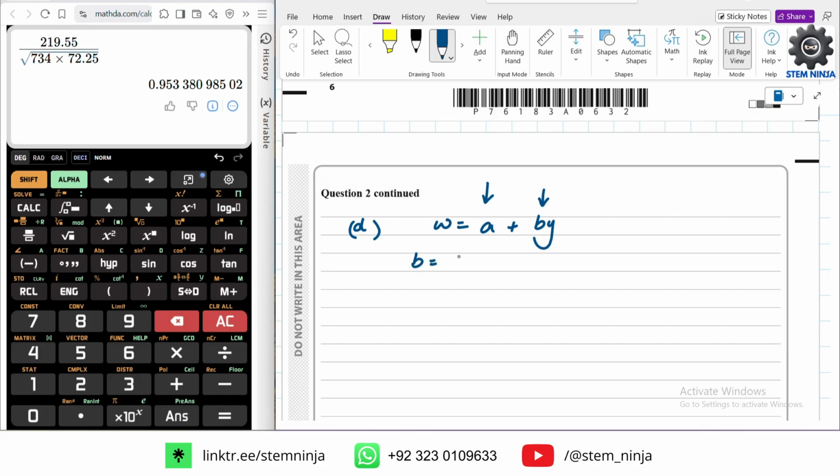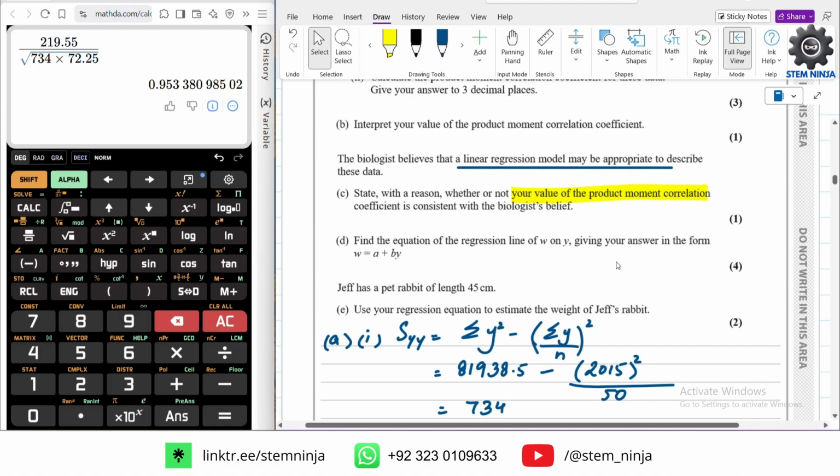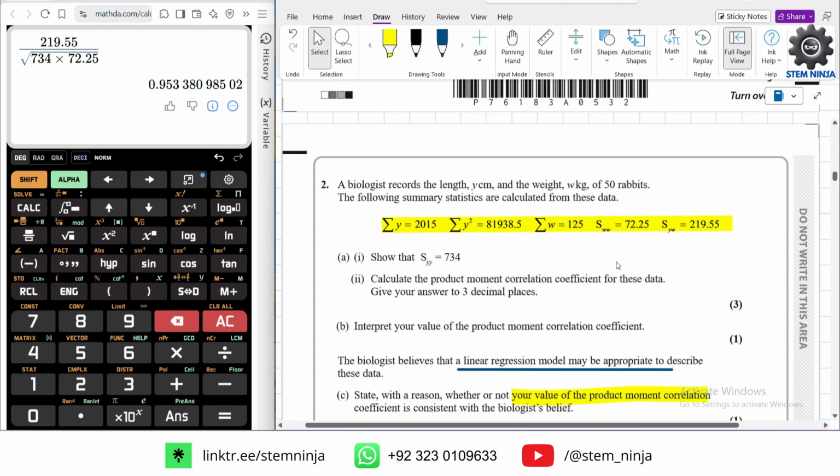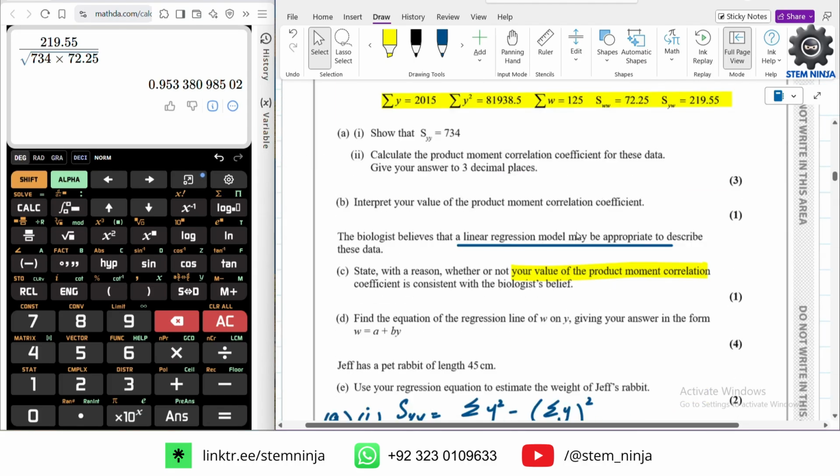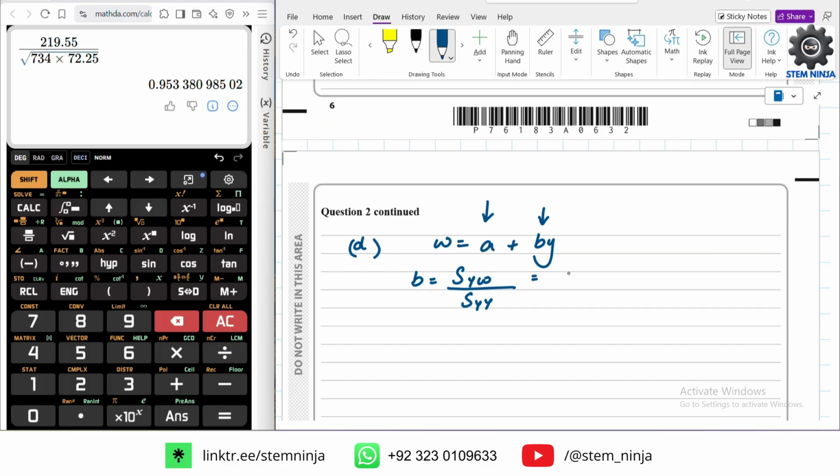So this is just the covariance, so SYW divided by SYY. This is SYY, right. So this one was covariance 219.55 and 734.